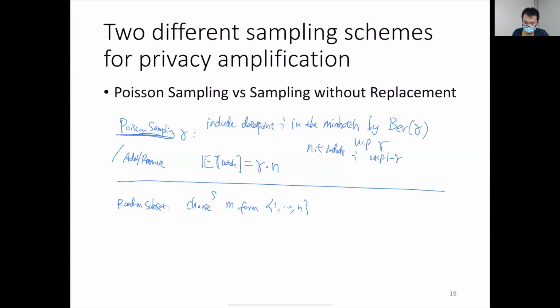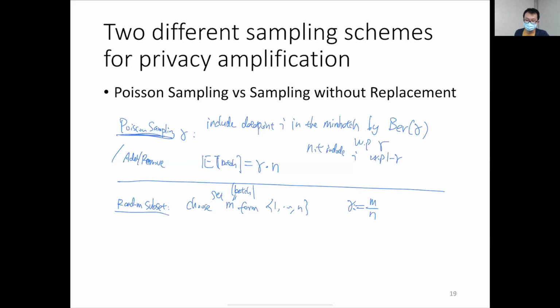Choose any set with the size of the batch being m from the data set, right? This ensures that the size of the batch is always equal to m, and then we define gamma to be m over n.